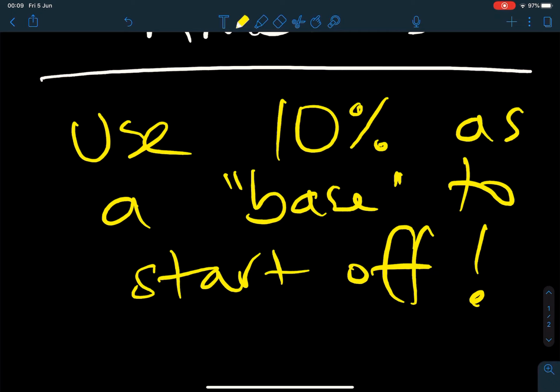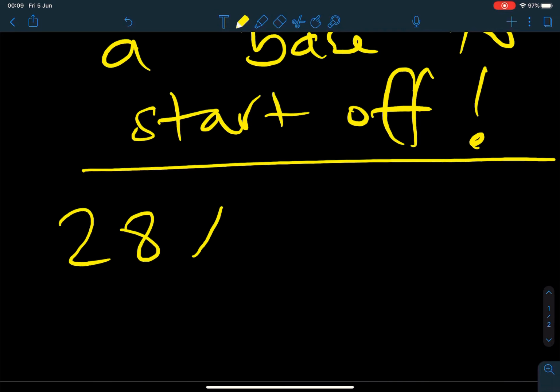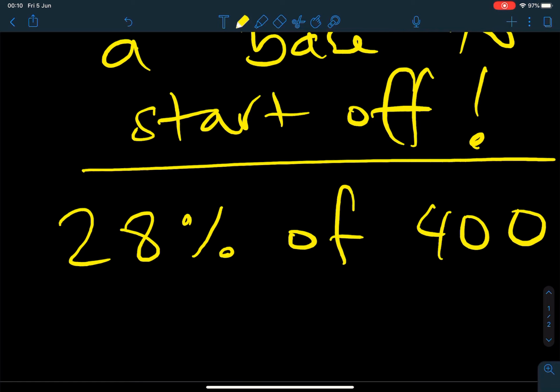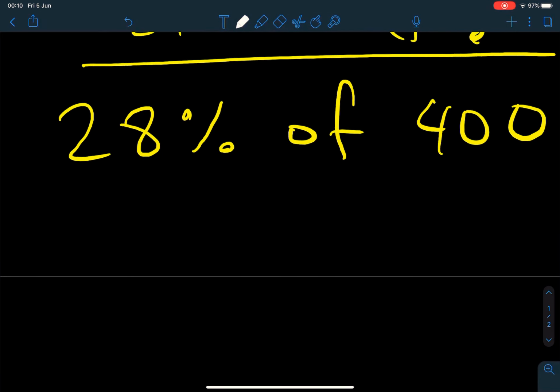So let's take as an example, I want to work out 28% of 400. The first thing I do is I work out 10%. Always start with 10%. It's one of the easiest ways. And one of the easiest ways to work out 10% is you divide the amount by 10.